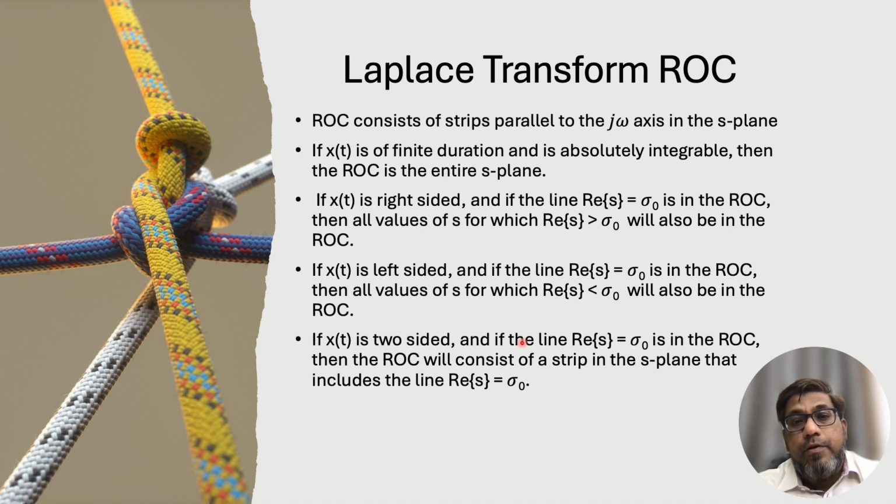Our focus here has been only to get a high-level understanding of what the ROC is and what it looks like for different types of signals, and we are going to just extend this idea further, where we will now introduce in subsequent videos the concept of poles and zeros for the Laplace transform, and relate how the ROC is in relation to the position of poles and zeros, and thereby we will try to deduce certain properties about the function for which we are computing the Laplace transform.